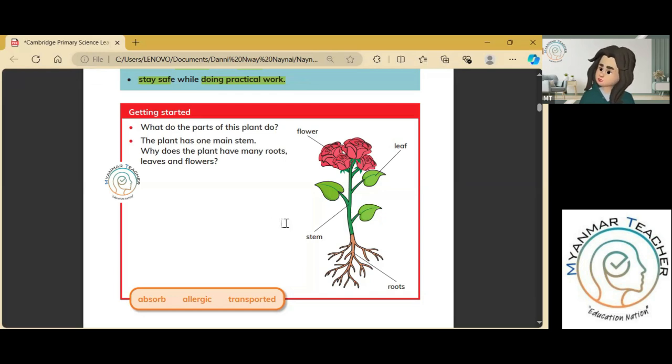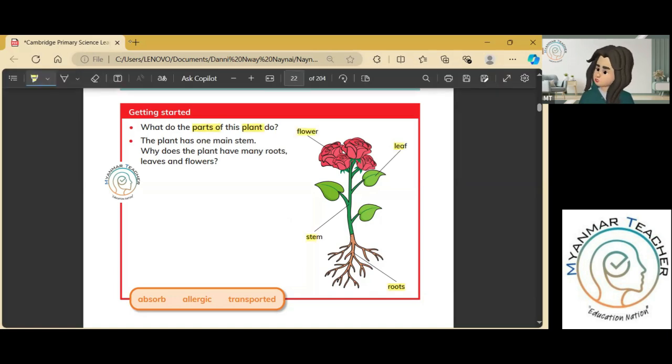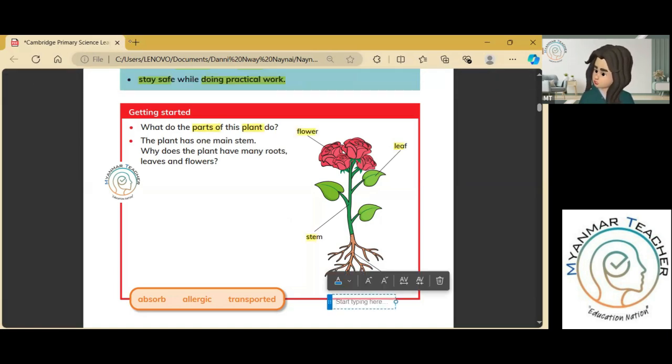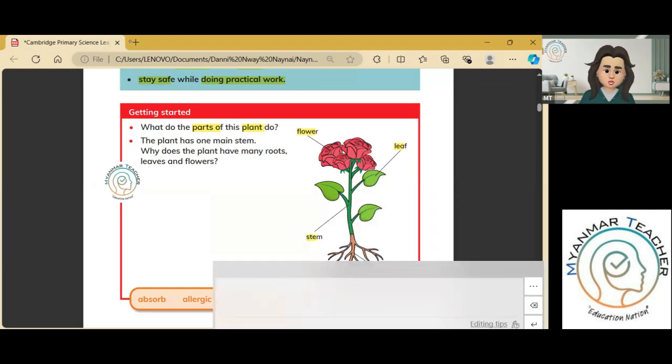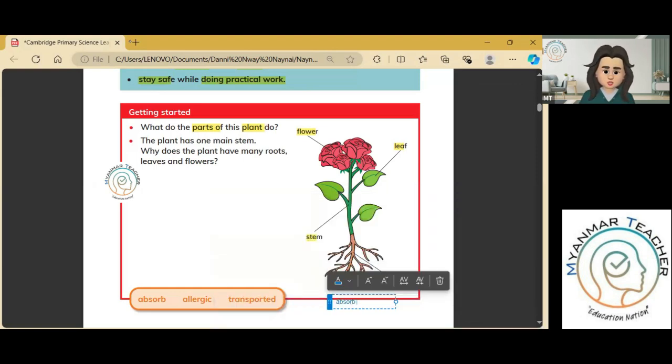What do the parts of the plants do? The roots. I just highlighted all of them. I'm just going to put the key points. So the roots absorb water, and also hold the plant in place, but to make it easier, we're just going to write absorb water.